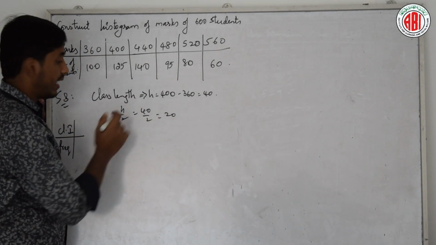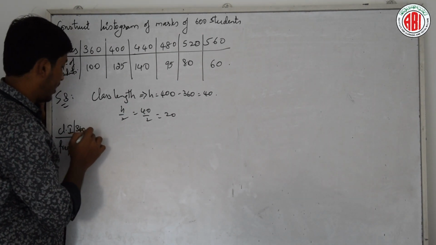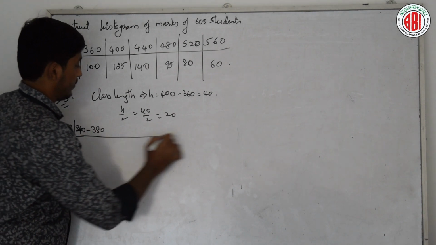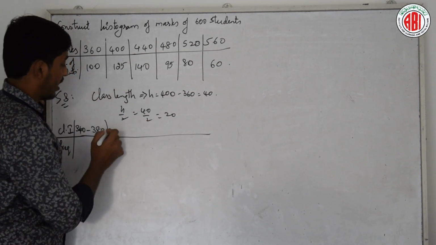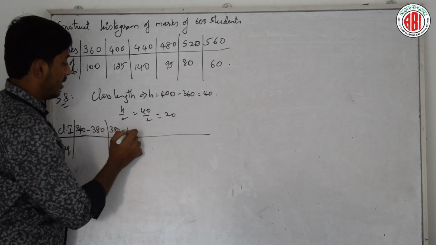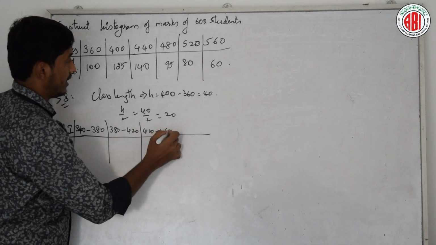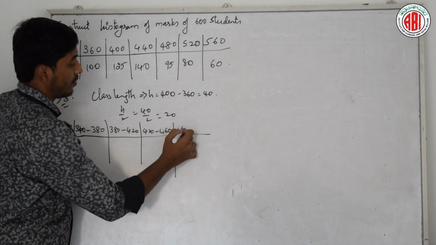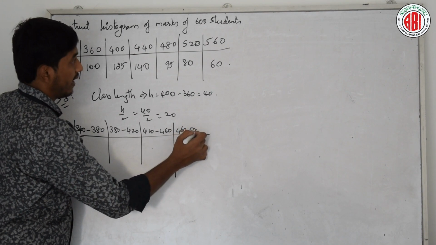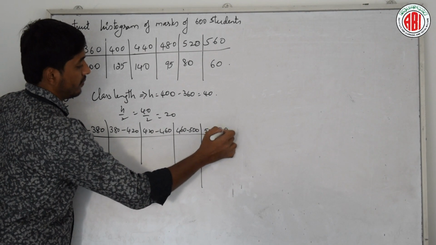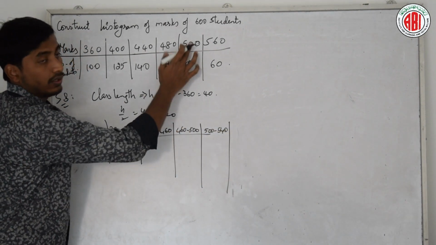360 minus 20 is 340. 360 plus 20 is 380. Next, 400 minus 20 is 380 to 420. And the next 420 to 460, and the next 460 to 500, and the next 500 to 540. Yes or no?